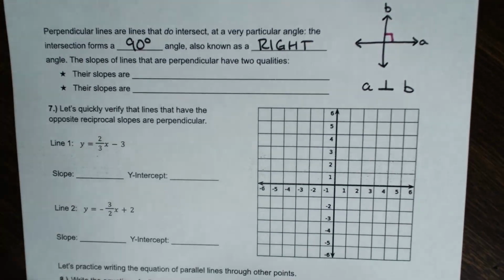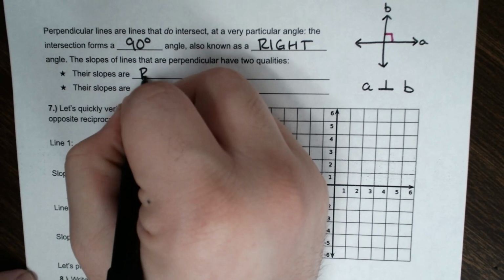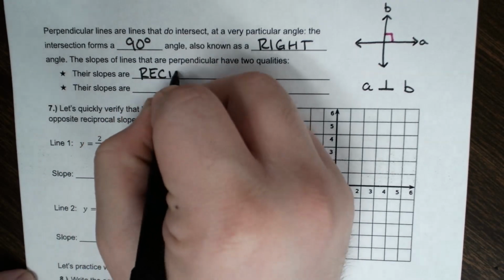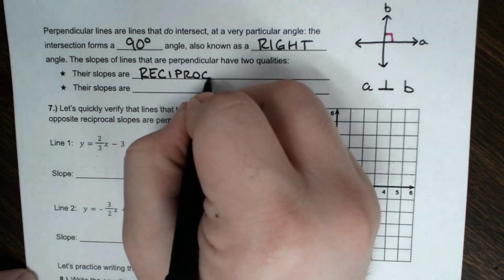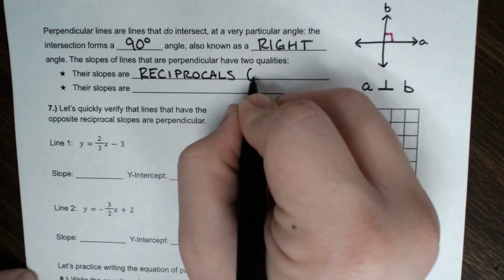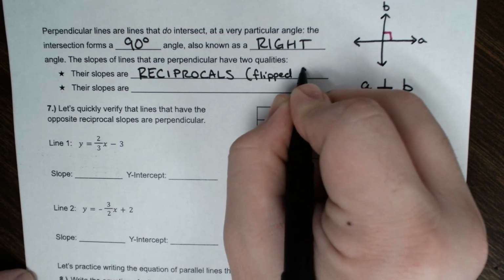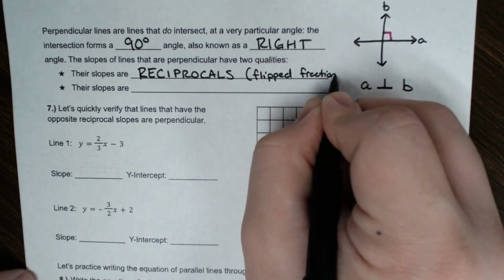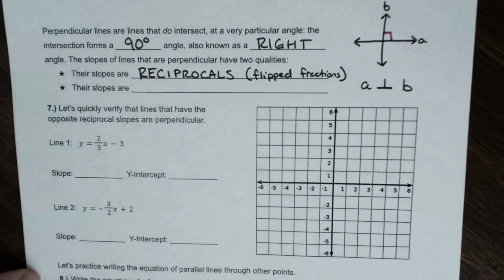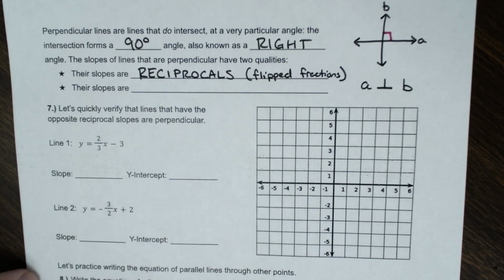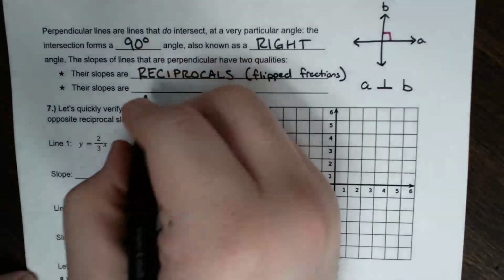Their slopes are reciprocals. You flip the fractions. So 2/3 becomes 3/2. What else changed? One of them's positive, the other one's negative. They're opposites.